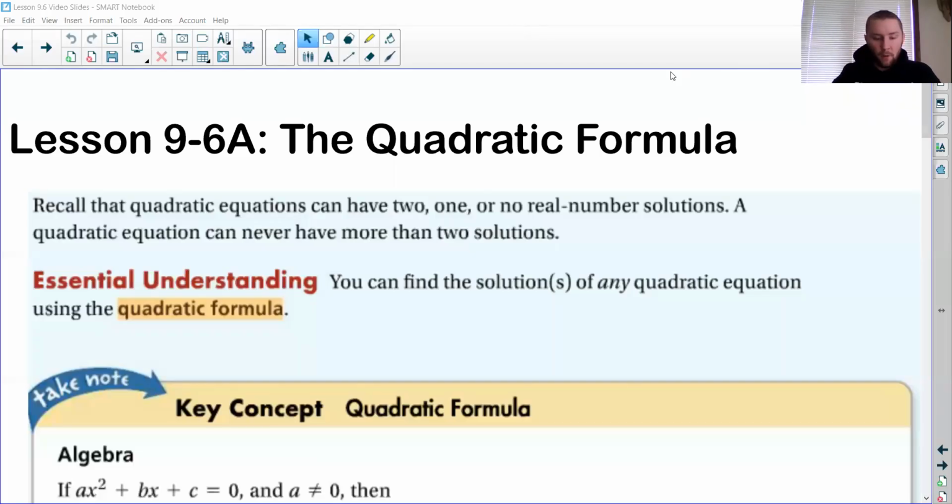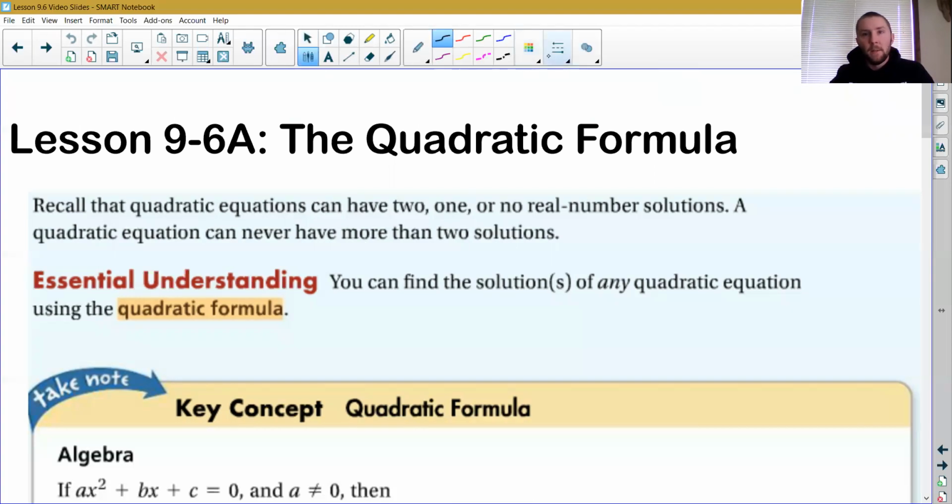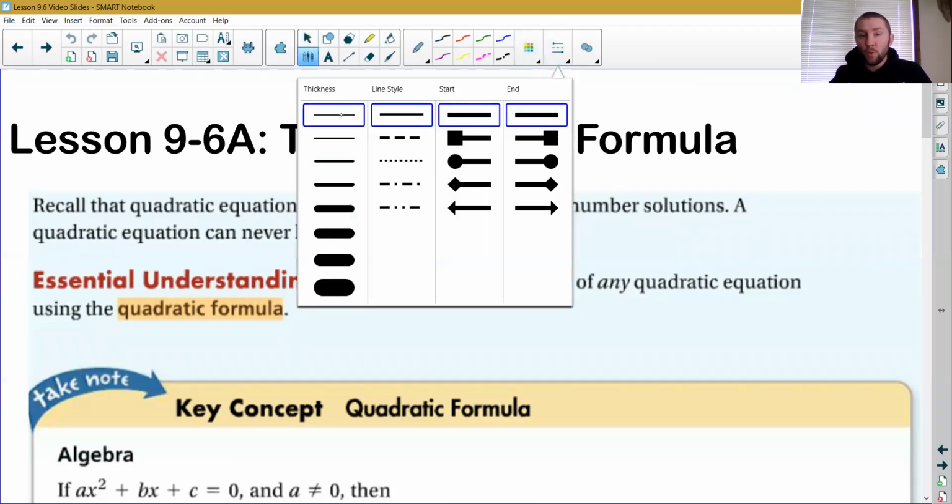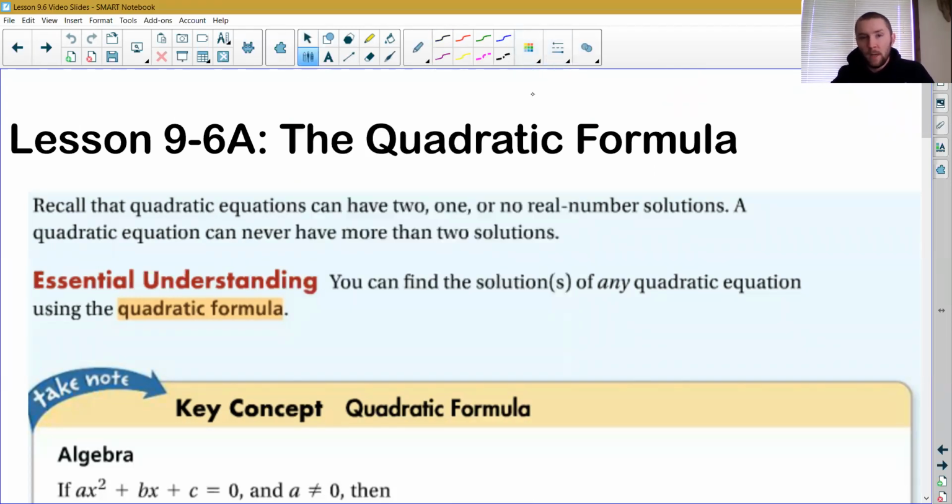So let's talk first about what the quadratic formula is and why we need it. We've been solving quadratic equations so far in chapter 9 either by finding square roots or by factoring. There are a lot of quadratic equations that simply cannot be factored.